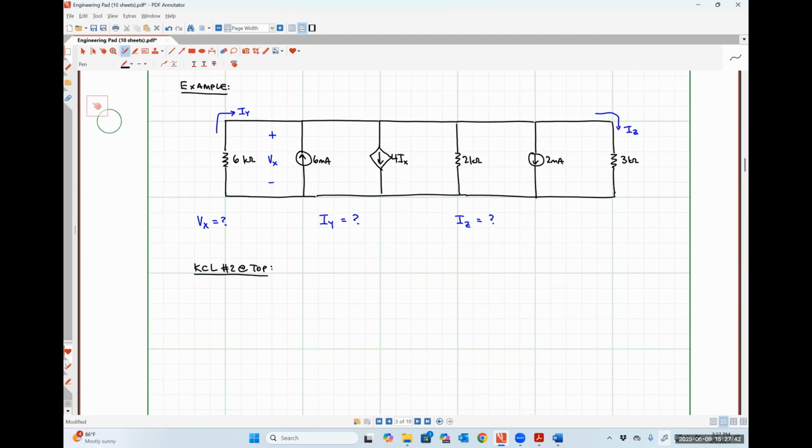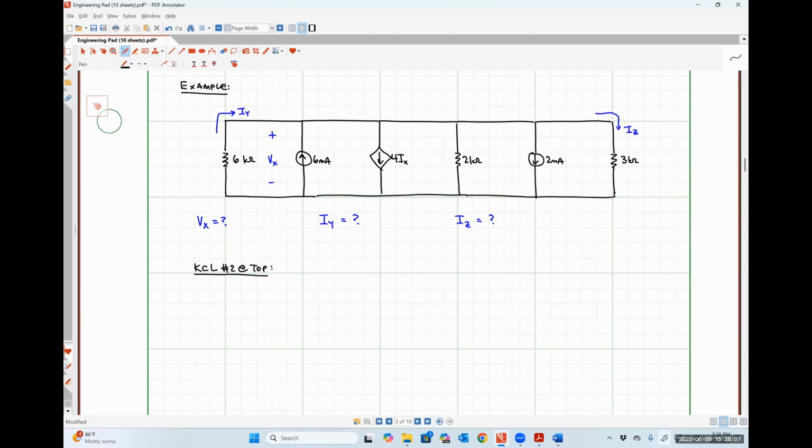So this is saying currents flowing into the top node are going to get a plus sign, and currents flowing out of the top node are going to get a minus sign. Okay. So we're going to work our way from left to right here.